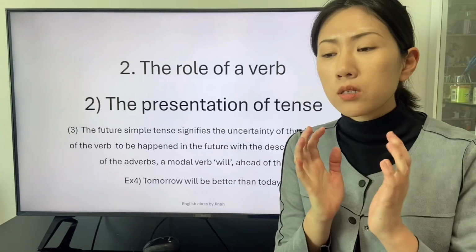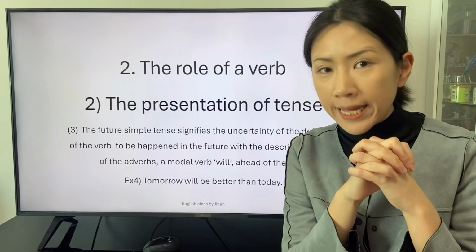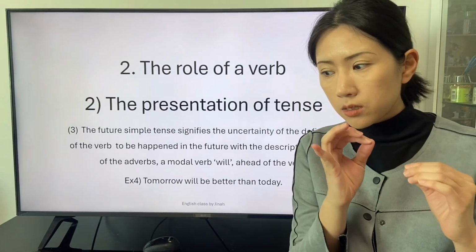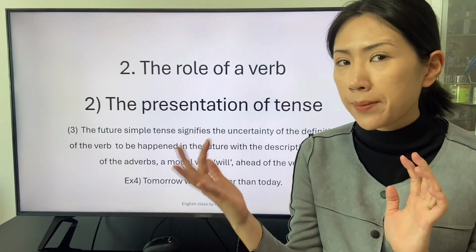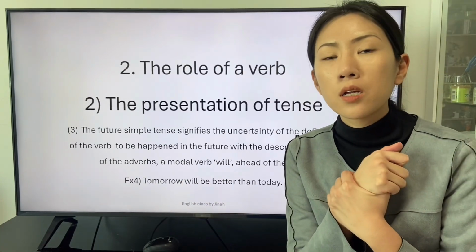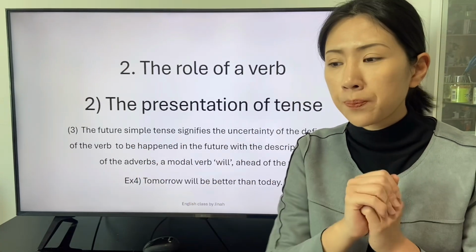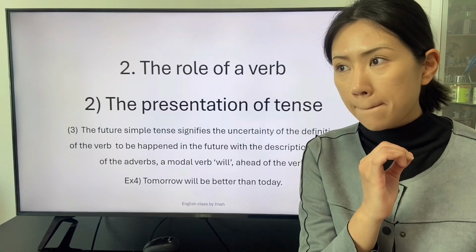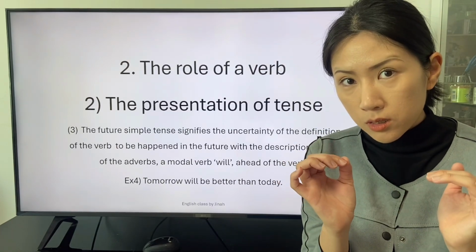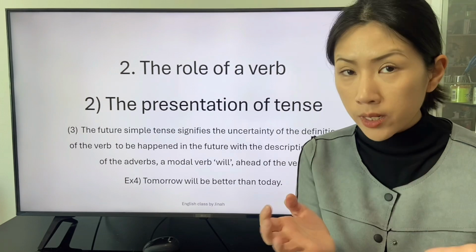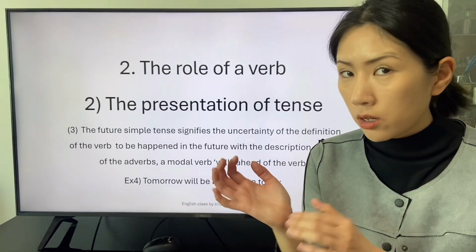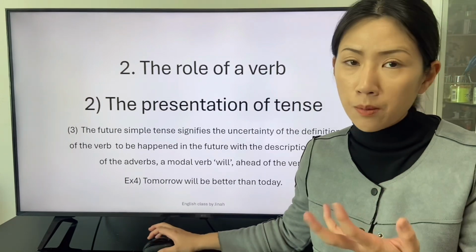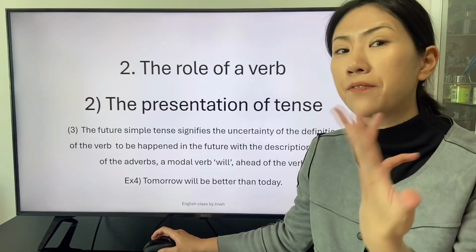So, the speaker who expects the experience, condition, or action described by the verb to happen in the future applies the word will, the trait of the adverb as a modal verb to describe the verb.